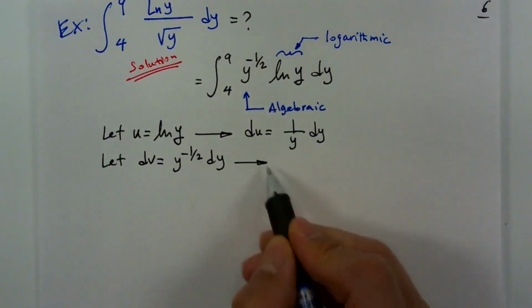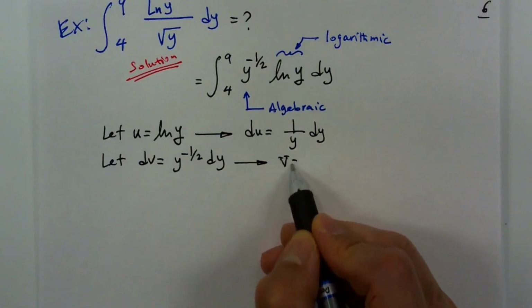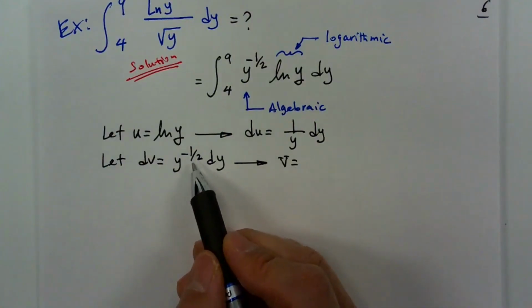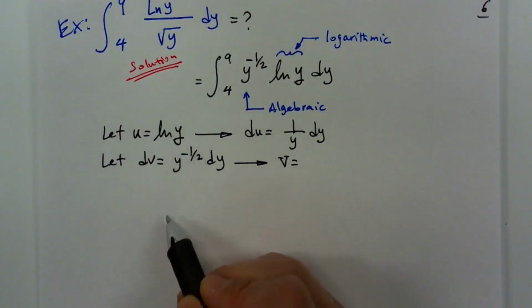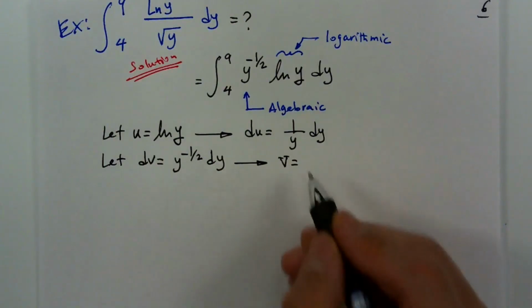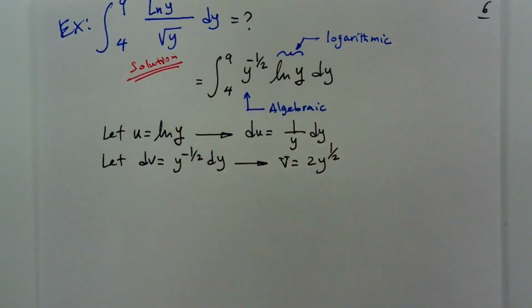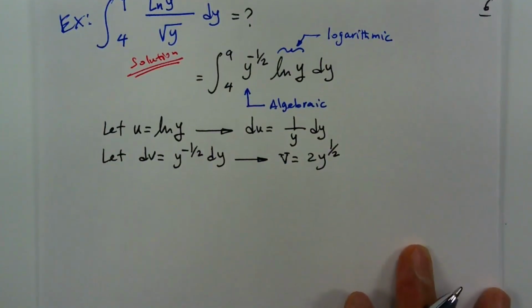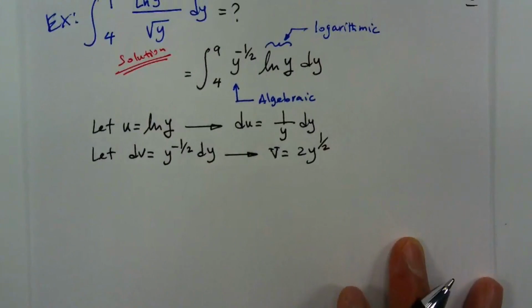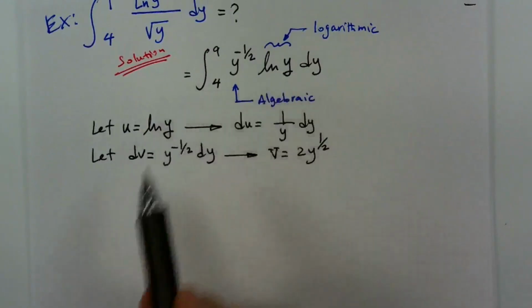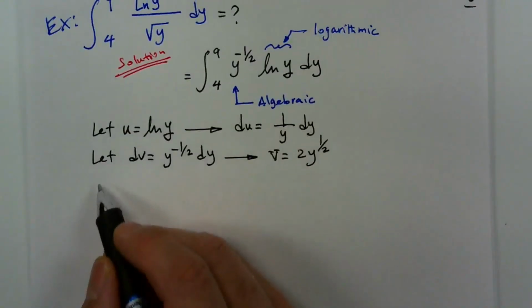And from that, v is simply add 1 to this, divide the whole thing by the new power. So we have 2y to the 1/2 power.